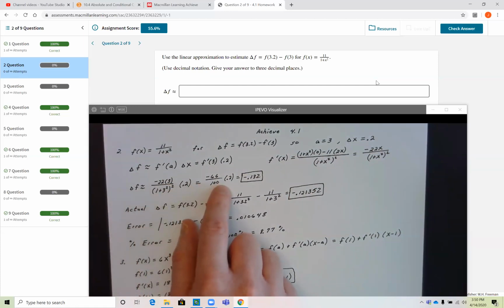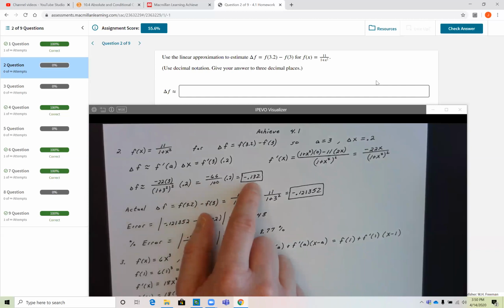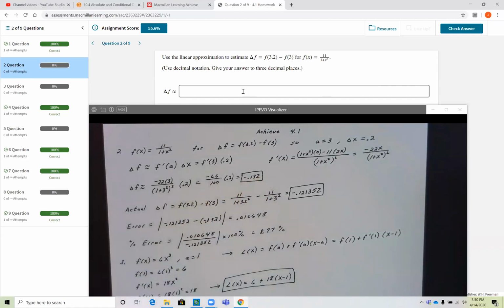I took that negative 66 over 100 times 0.2, and I have that the approximate change in this function's values as x moves from 3 to 3.2 is negative 0.132. So clearly, it should be moving down. I'll go ahead and enter that in. Delta f is approximately equal to negative 0.132.